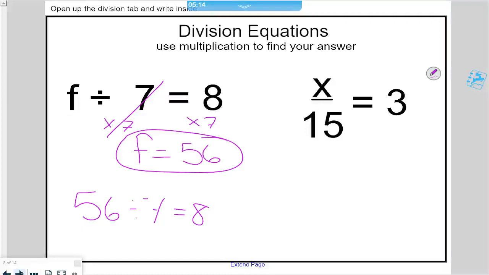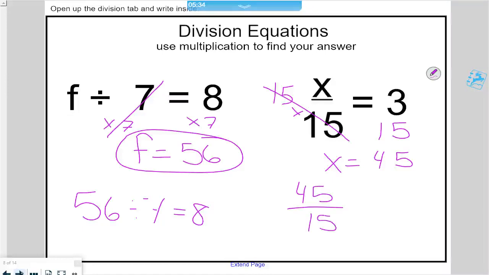So we can come over here. We have x divided by 15. Well, the opposite is to multiply by 15. Leaves us with x. Now we're going to do 15 times 3. 5 times 3 is 15. Carry 1, down 1 is 3 plus 1 is 4, so 45. So we come over here and we say 45 divided by 15 equals 3. We know that that answer is correct.